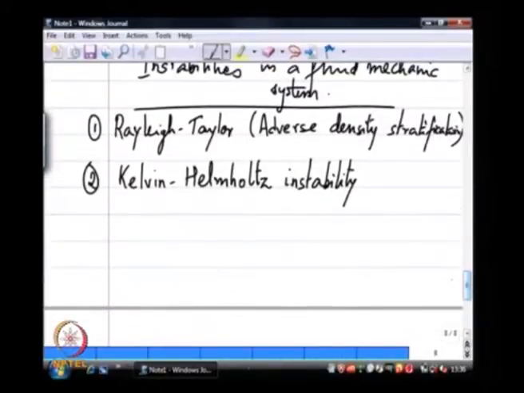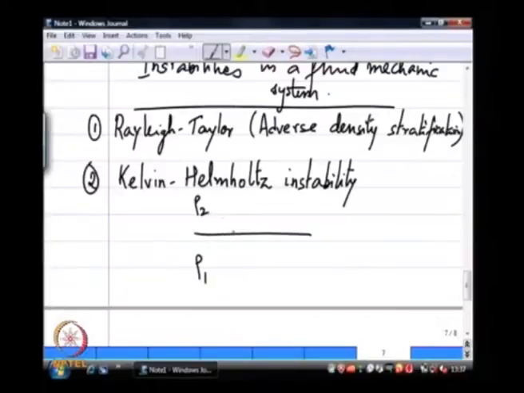So, what do we mean by this Kelvin-Helmholtz instability? Let us say I have a fluid of density rho 1 and rho 2. Okay. The fluid here is moving at a velocity u 2. The fluid here is moving at a velocity u 1.